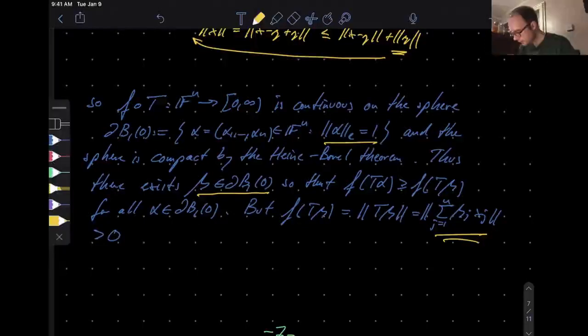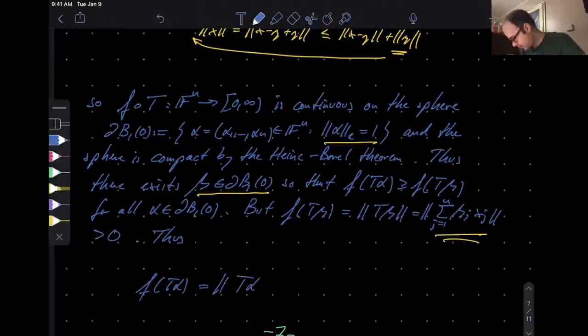Okay, so we have this, and now if you combine this, thus, f of T alpha, which is the length of T alpha, is at least f of T beta, which is positive, right? So this is some constant c, and now I'm going to do here a little bit of trickery.